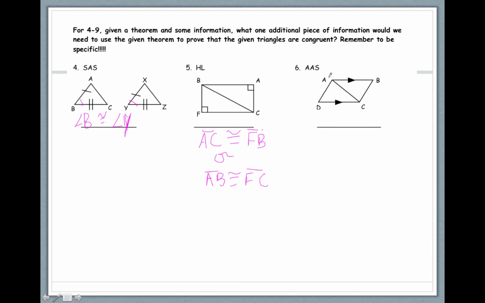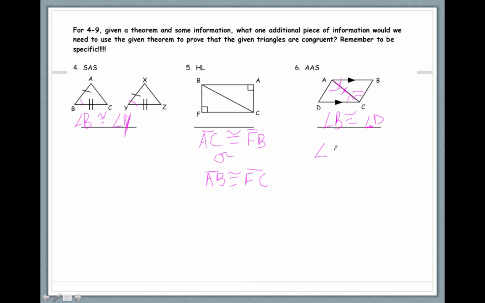For angle, angle, side, here's a side that's the same for sure, so that's given. So we would need angle, angle. So we would need angle B congruent to angle D, and either this one congruent to this one or this congruent to this.